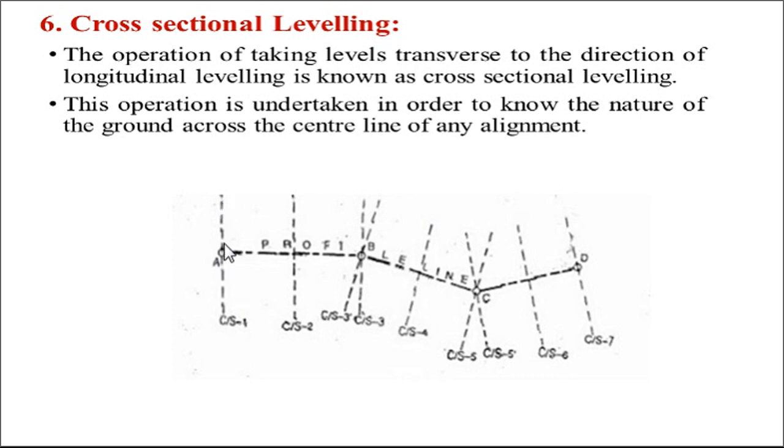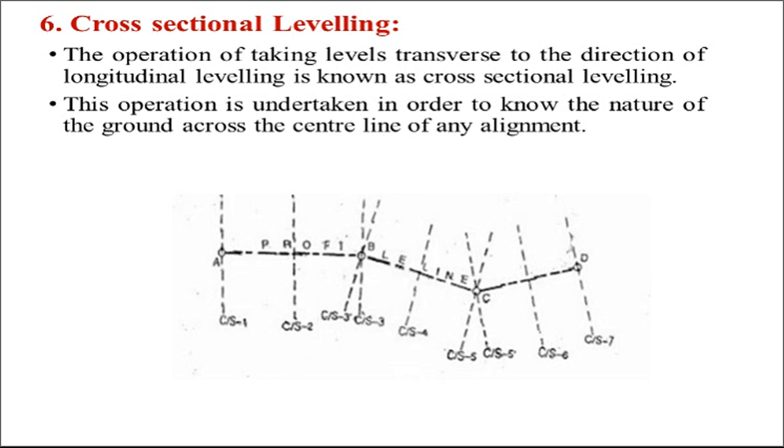Suppose this is the first point. Depending upon the length of this transverse line, we have to take say 5 meter, 10 meter, 15 meter, 20 meter to the left side and the same distances to the right side. Such a leveling is called cross sectional leveling.